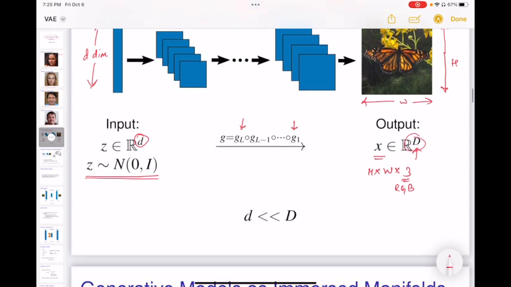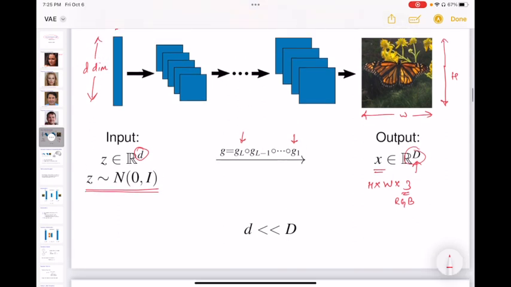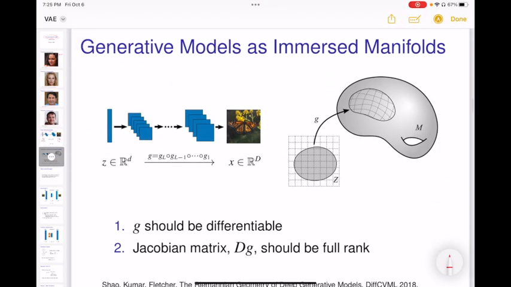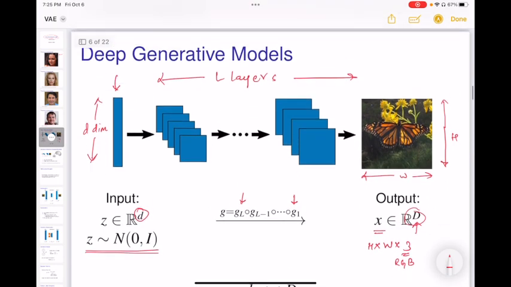This small d is much smaller than the actual image that is generated, which is why we're able to sample it easily from a normal distribution, and the model is able to use that information to generate a higher-dimensional, high quality image that belongs in the real world.